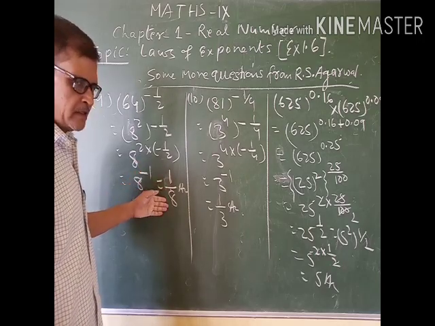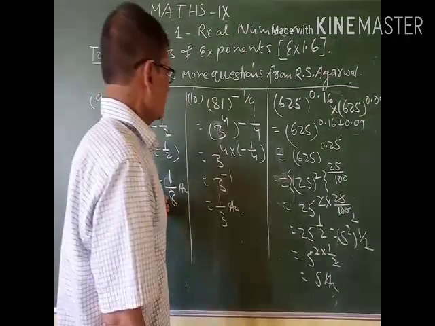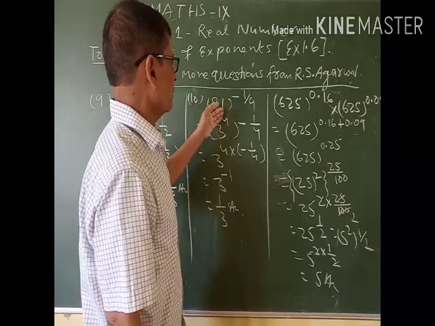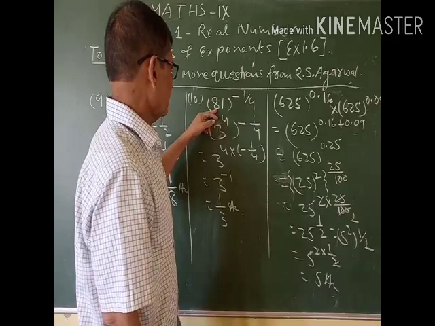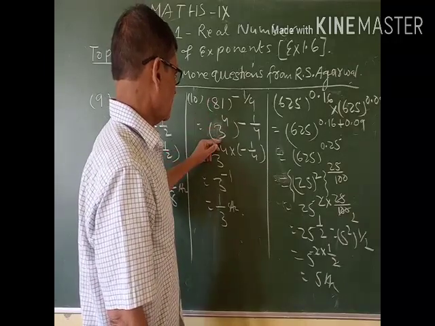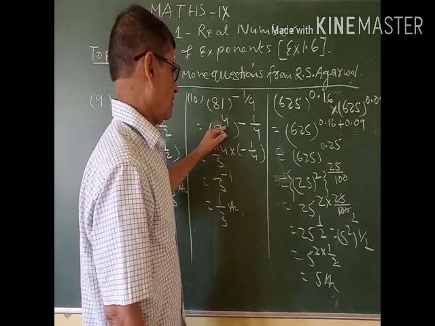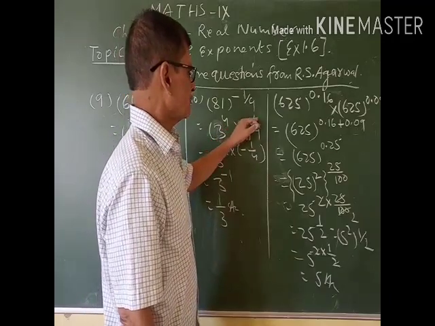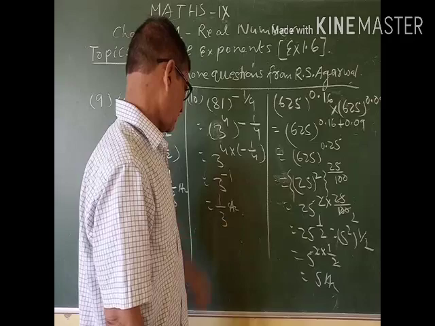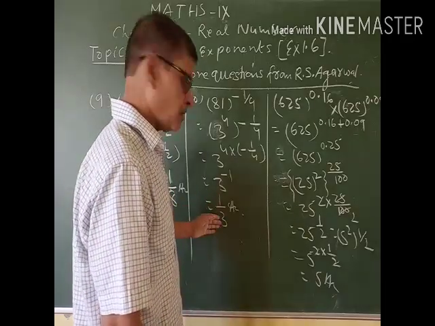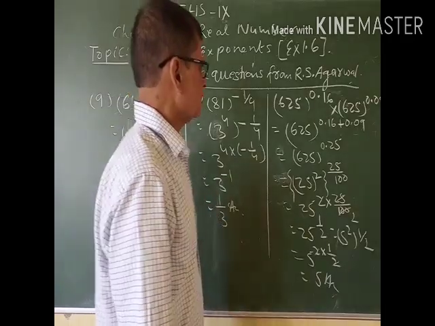Similarly, you can find out 81 to the power minus 1 by 4. You can write 81 as 3 to the power 4, to the power minus 1 by 4, and this will become 3 to the power minus 1, and it will be equal to 1 by 3.